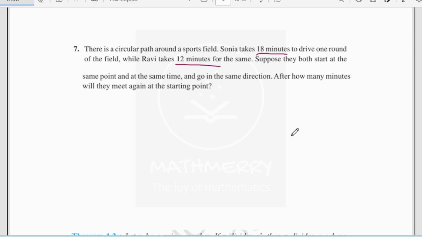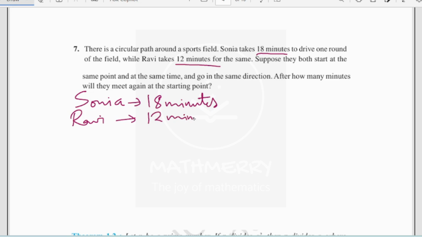If you analyze the times, Sonia takes 18 minutes, whereas Ravi takes 12 minutes. They are traveling in the same direction. Ravi takes less time than Sonia for completing one round.